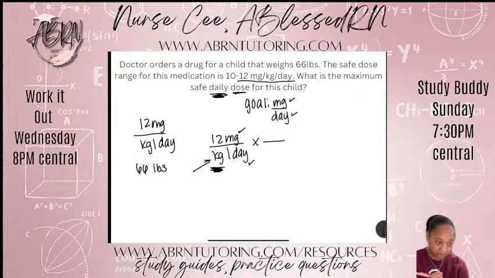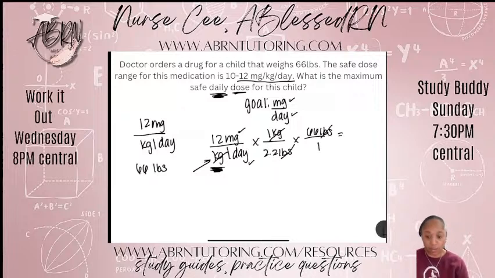This one. So we'll do 1 kilogram is 2.2 pounds. That's our conversion, okay? So kilograms crosses out. Now we have 66 pounds over 1 pound crosses out. And now you have what the goal is, milligrams per day. Why not put 10 milligrams first? Because you see this big word right here.